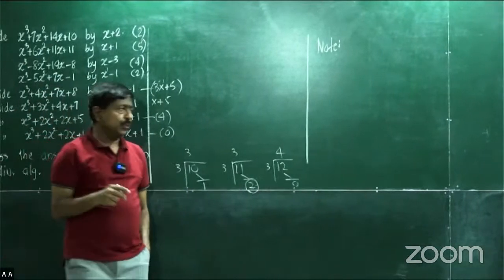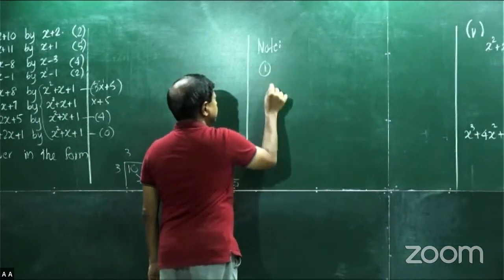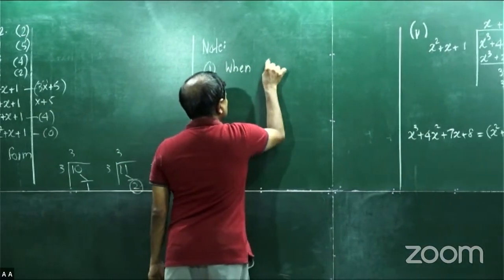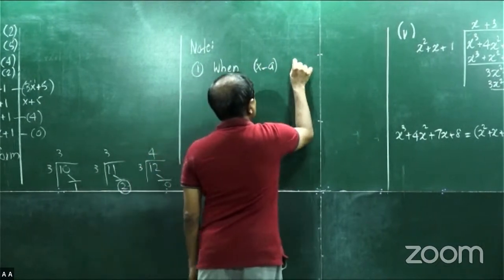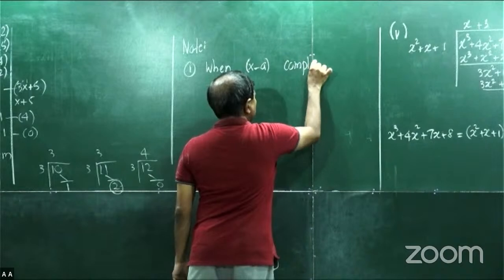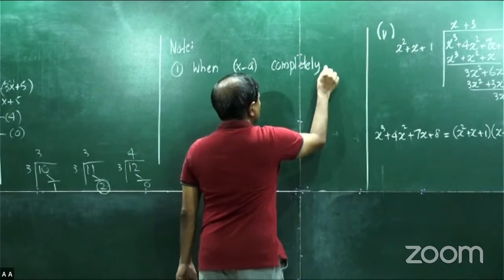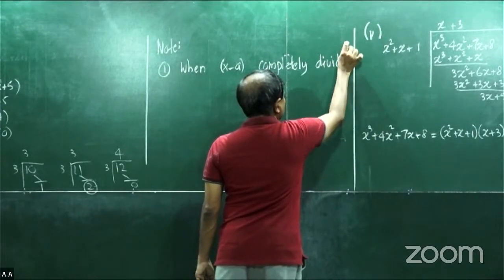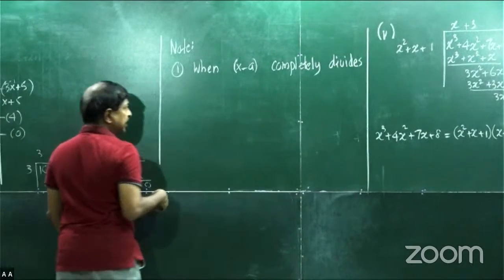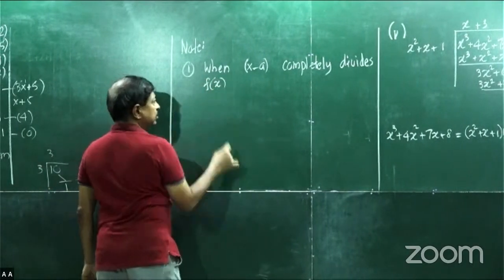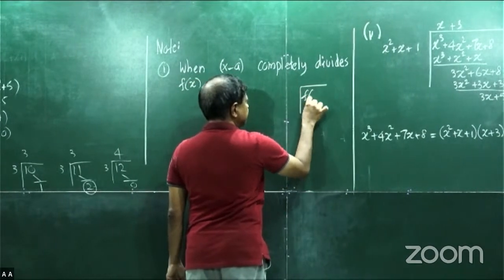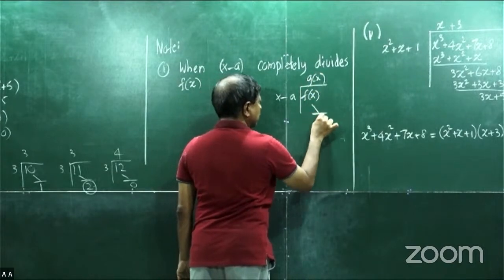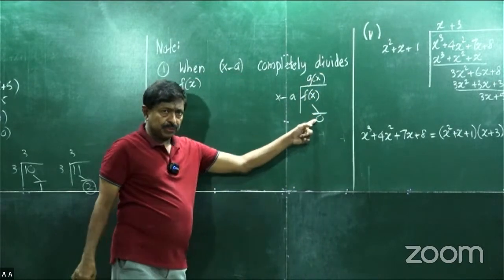There are two things that you need to note. First one: if it completely divides f(x), that means the remainder is 0.